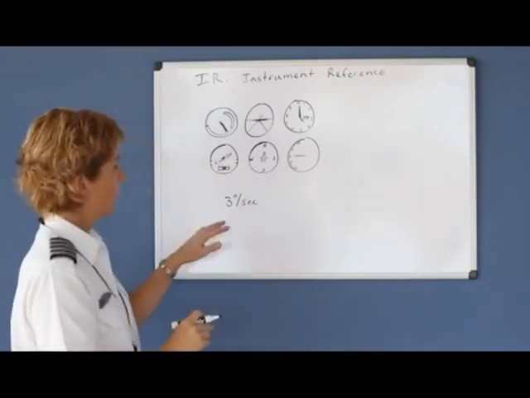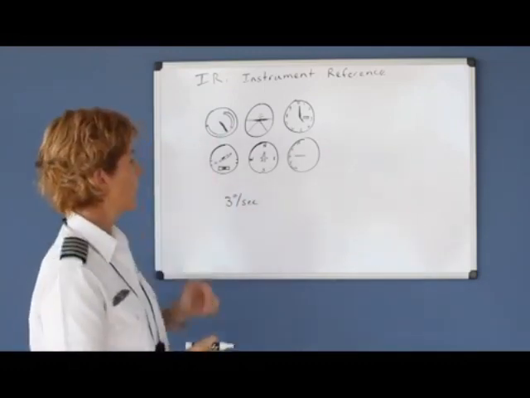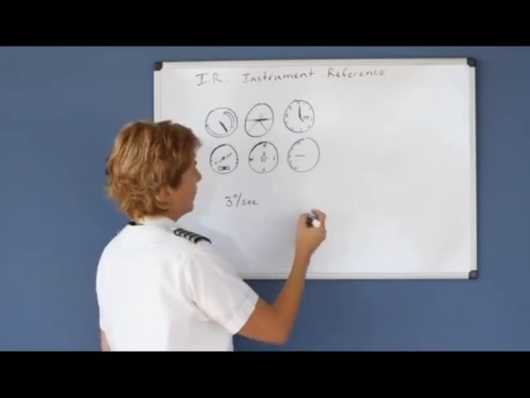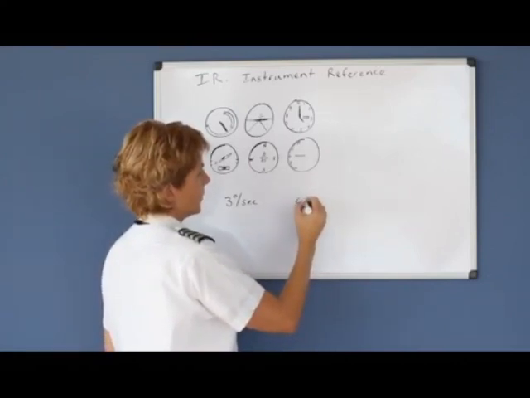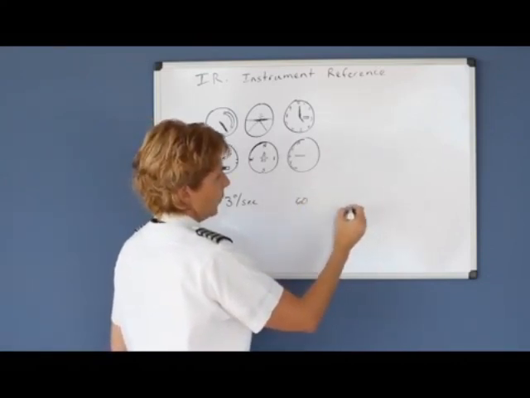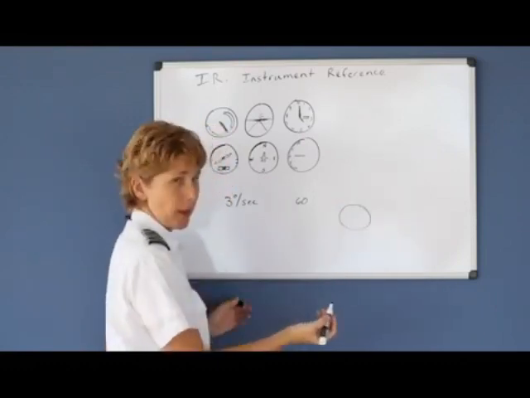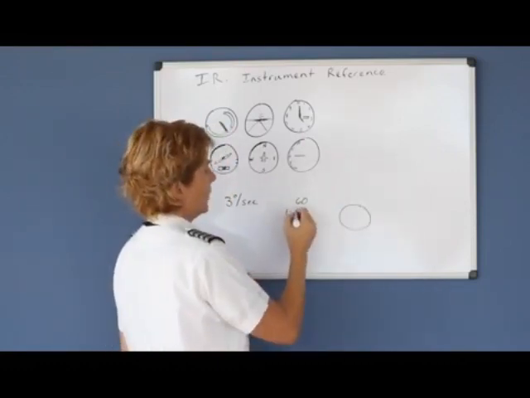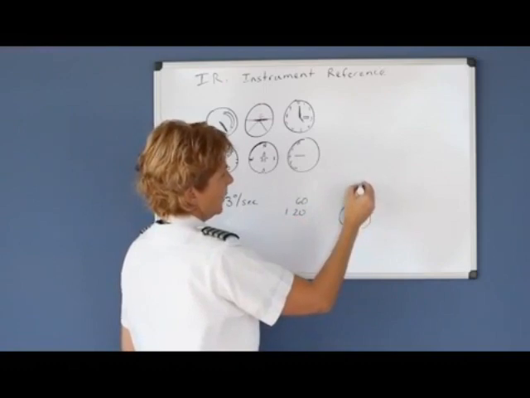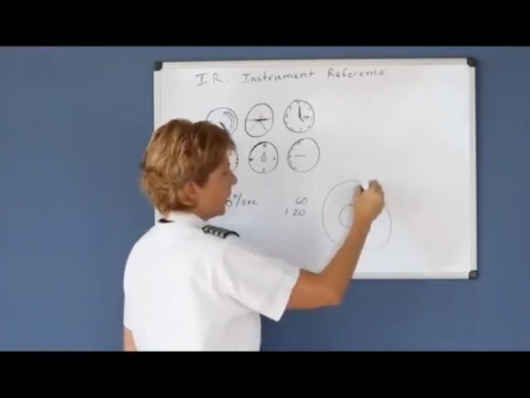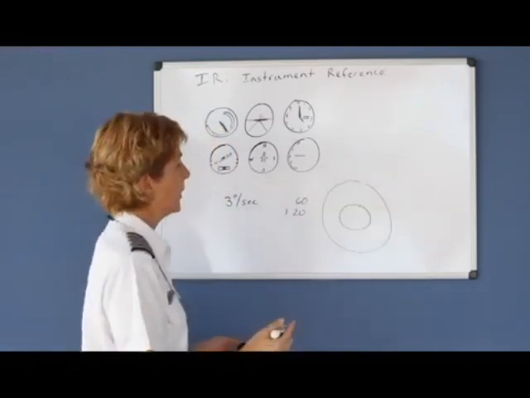And what bank angle that actually is depends on your airspeed. Because if we were flying at an airspeed of 60, for example, then if you did a full circle, your radius might be that big. But if you're flying 120, now if you did a circle, the radius would be a lot larger because you're covering more ground.